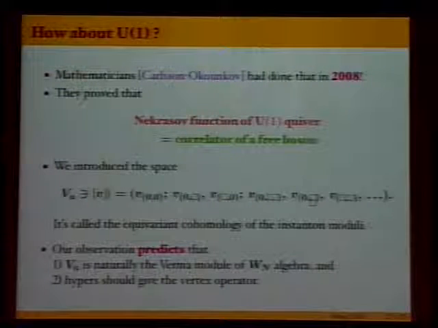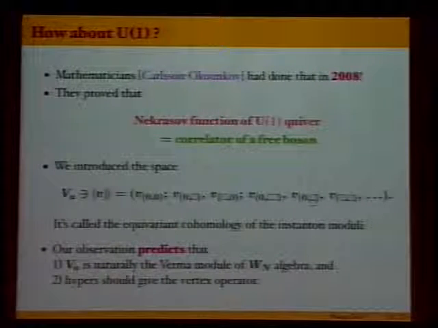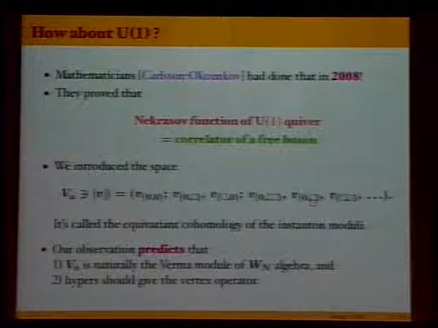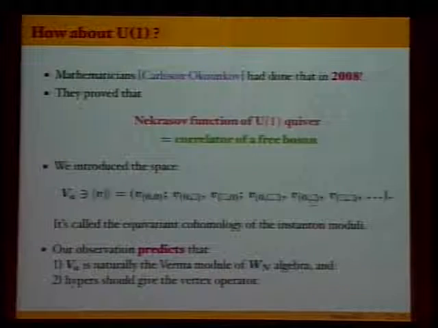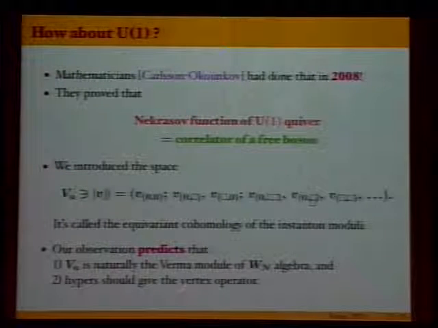So in that terminology, I introduced this vector space which assigns a complex number to each of the fixed points. This is a very standard object in mathematics, which is called the equivariant cohomology of the instanton moduli space. So our observation just means, in the mathematical jargon, that for the instanton moduli space for general N, we should naturally have the structure of the Verma module of the W_N algebra.